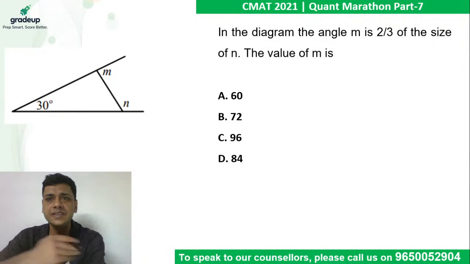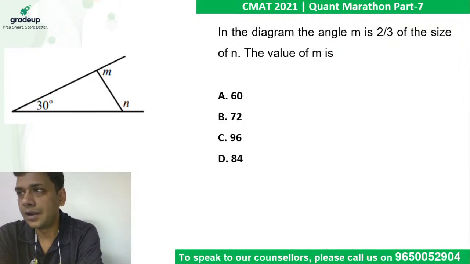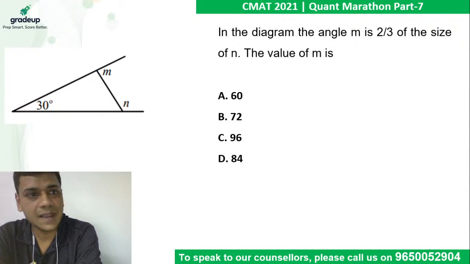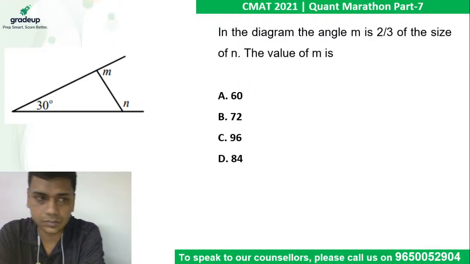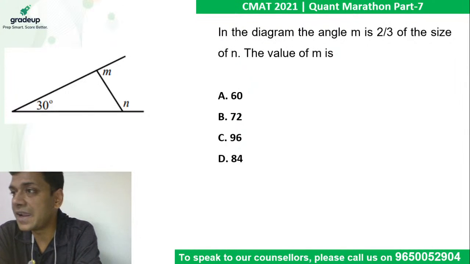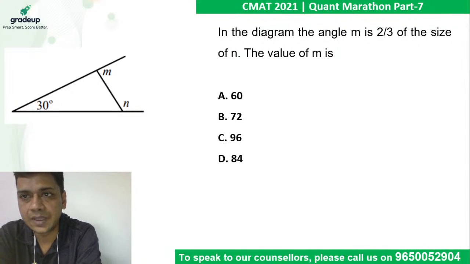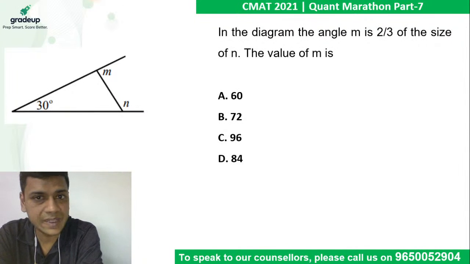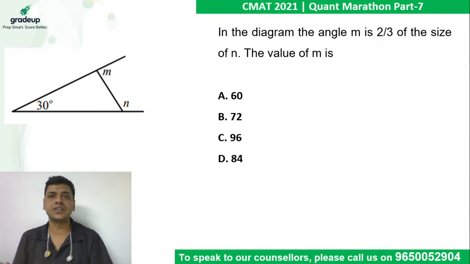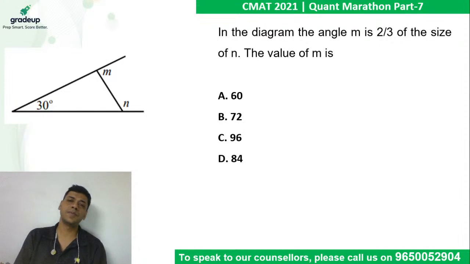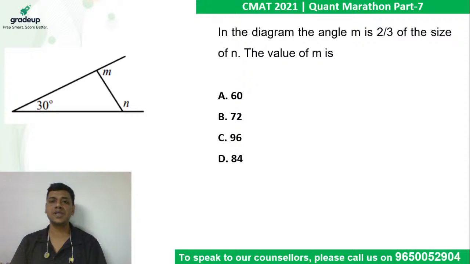Okay, next question is, a diagram is shown to you where an angle is given, and there are two angles which are given to you, M and N. Now the ratio of M and N is given to you. M is 2/3 of N. So basically M is to N is 2:3.